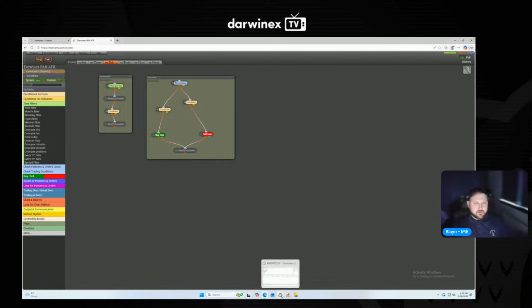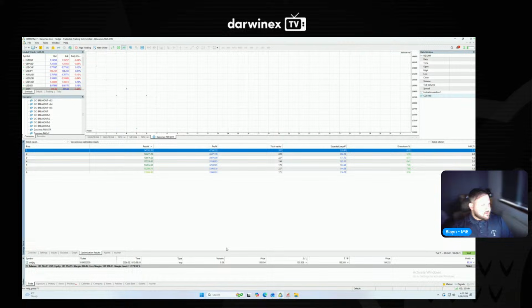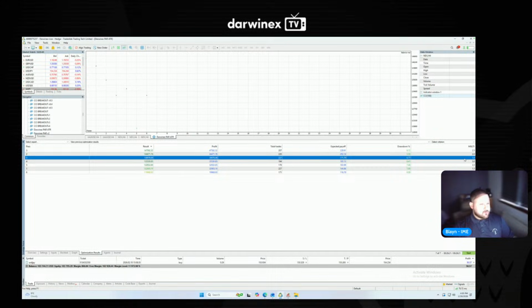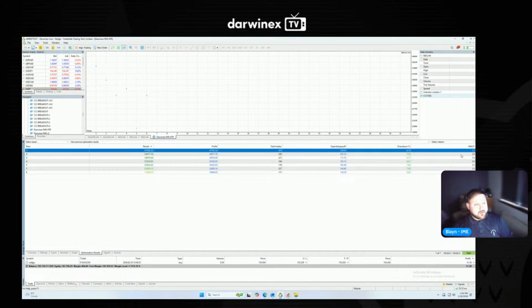Today I went back over it and applied an ATR stop loss to it, just to see what sort of results we get. I've used a 1 hour ATR and multiples of it: one times the 1 hour ATR, two times, 2.5 times, and so on, all the way up to four.